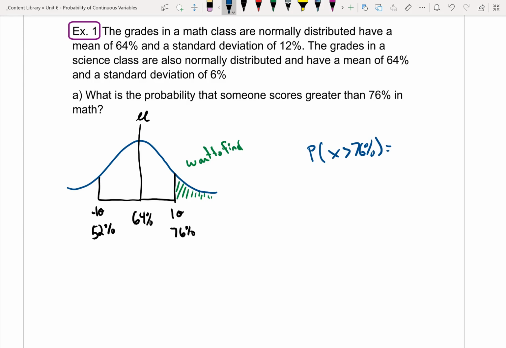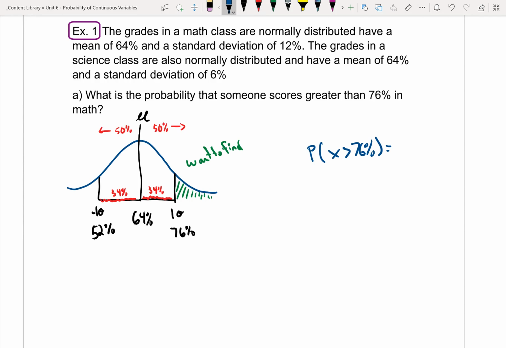Again, I know that 50% of the data is in this direction, 50% of the data is below the mean, because the mean is in the middle. I also know that within one standard deviation, there's 34% of the data, and here there's 34% of the data as well. So I basically want to find everything that is greater than the 76, so everything that's in the green.